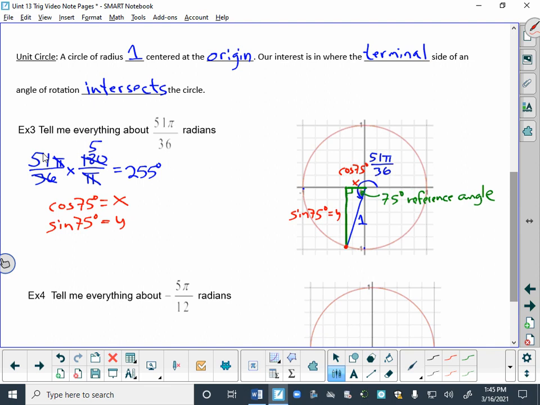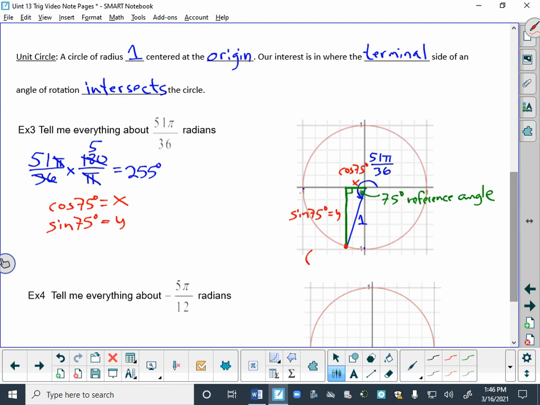Now, this x should actually, if I did cosine of 75, it would give me a positive number, but this point is located in the third quadrant, and I know in the third quadrant my x-coordinates should be negative, and my y-coordinates should be negative.